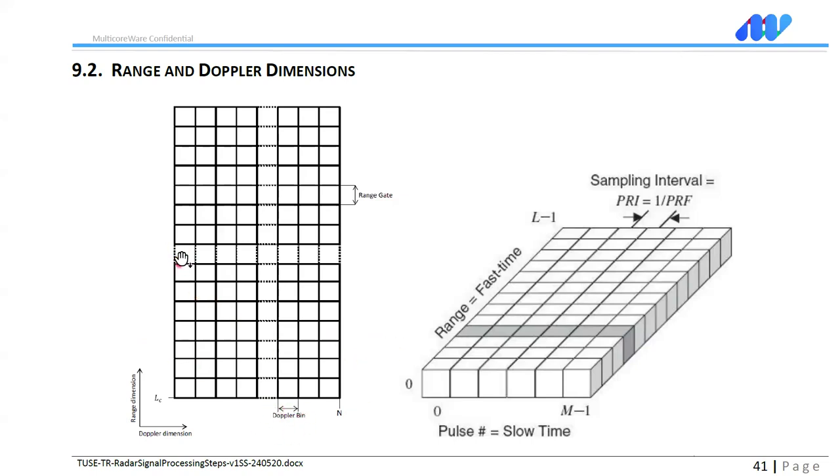So let's say there's a target here, you illuminate it with different pulses. So this part of the matrix is for the same range, and it could be a target there. So when you process this axis, we will be able to measure the velocity of that specific target.